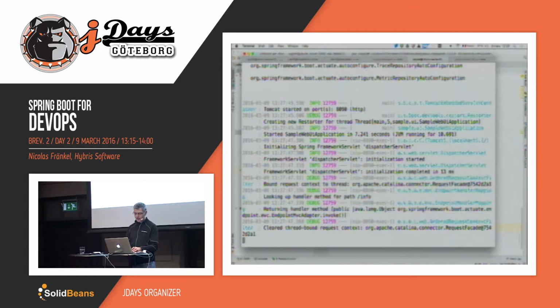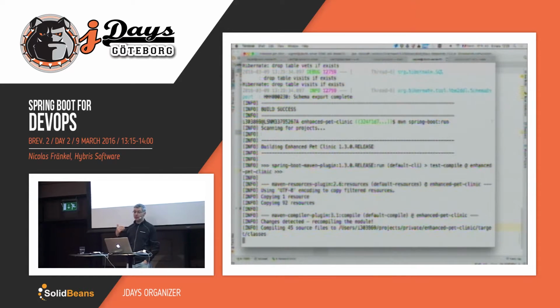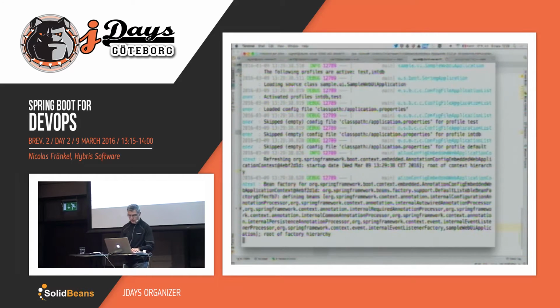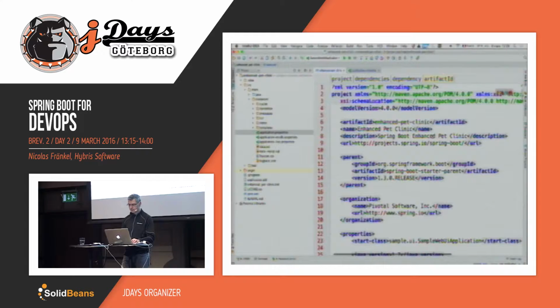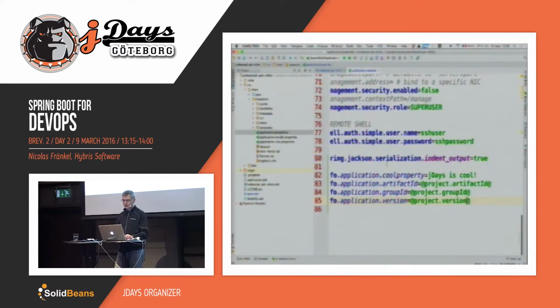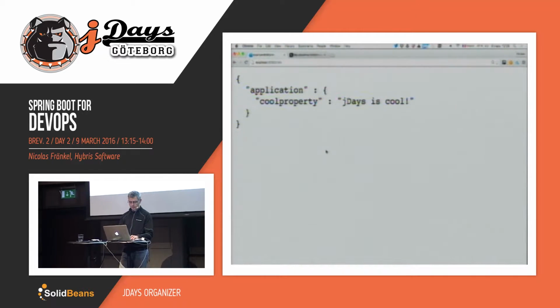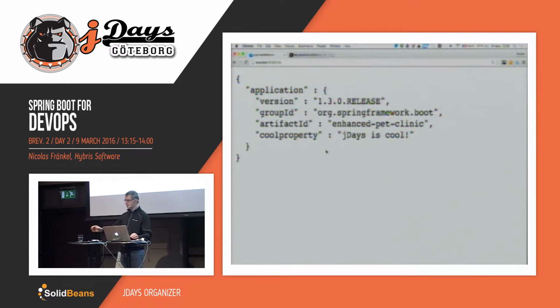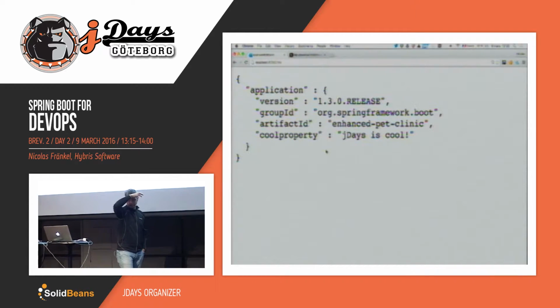Just by adding that, because I inherit from the Spring Boot parent POM, I will get the values filtered automatically. Three lines of configuration, automatic.